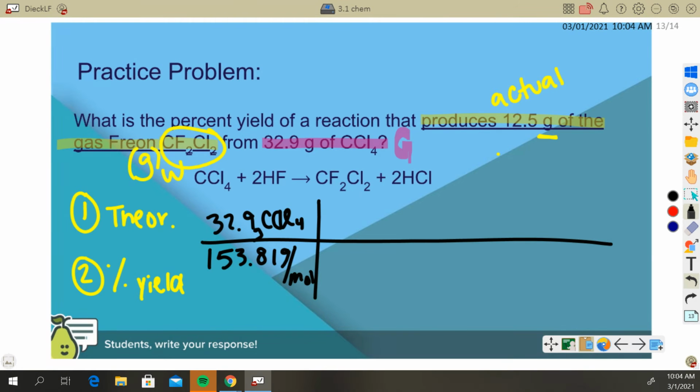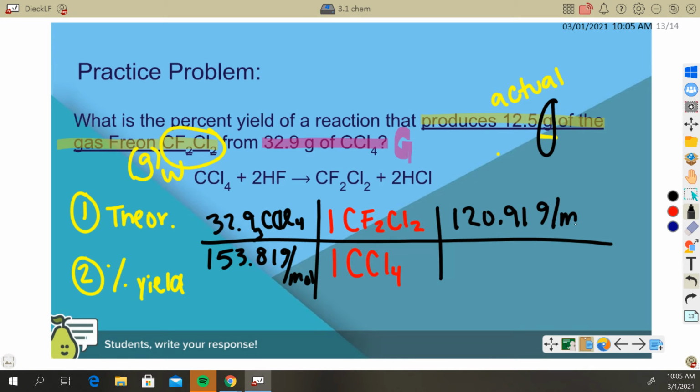In the middle, you should do your mole ratio. So we want Freon. Freon is CF2Cl2. We started with CCl4. So the mole ratio is 1:1. Last, we want grams of Freon. So we need to multiply times the molar mass of Freon, which is 120.91 from what I calculated. Does that look like your guys' setup?